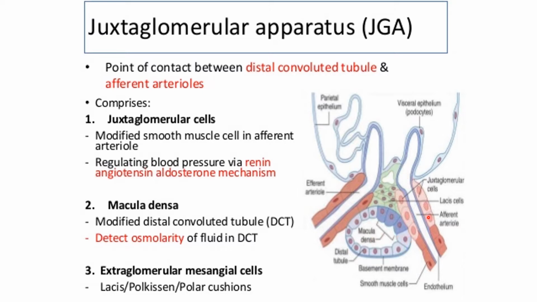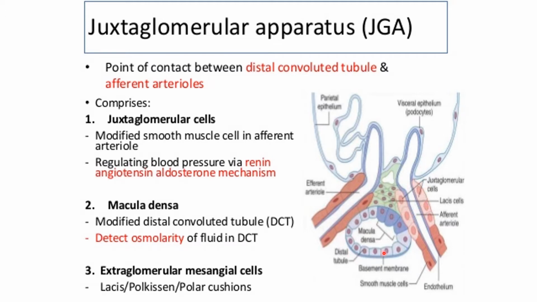So I think you might be very clear about the juxtaglomerular apparatus. The special cells in the efferent arterioles, at the junction with the distal convoluted tubules, are known as juxtaglomerular cells. These cells produce renin that controls your blood pressure.